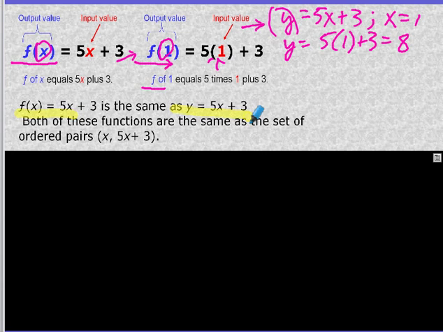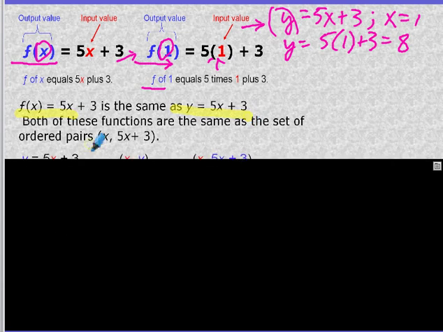It says both of these functions are the same as a set of ordered pairs x, comma, 5x plus 3. So your input value is going to be x. That's what you're going to plug into the equation. The output value you get is going to be 5x plus 3. So whatever x is, you're going to multiply it by 5 and add 3 to get your output value.